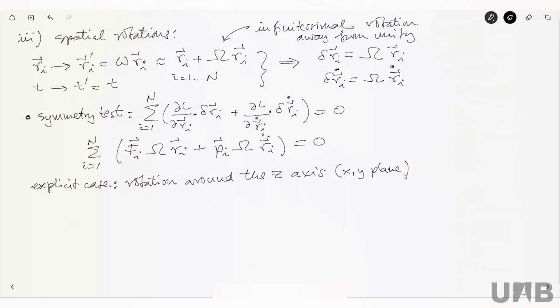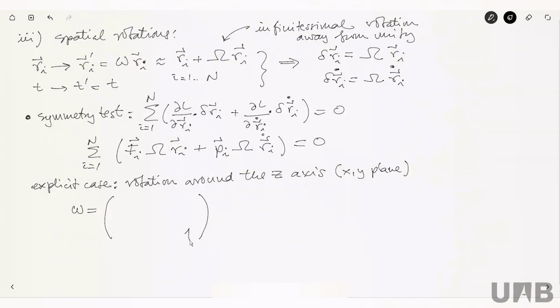All right, so let's start. I need to identify which is the matrix omega which makes a rotation by an angle theta, let's say, around the z-axis. So this is a 3×3 matrix. And now we have to say which are the entries of this 3×3 matrix. And I know that the z-axis doesn't change.